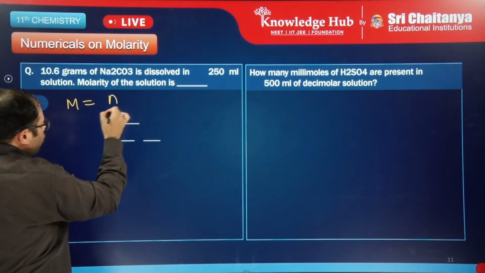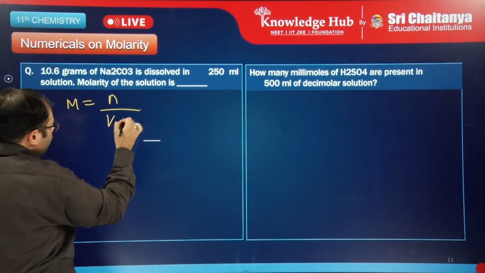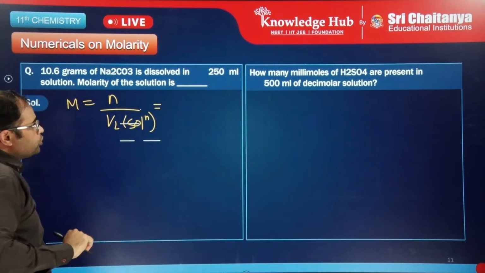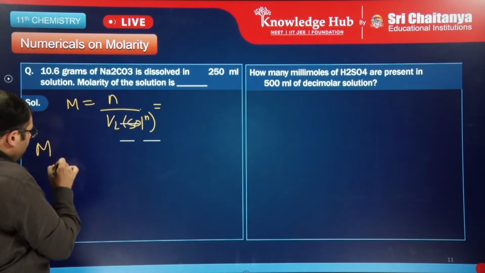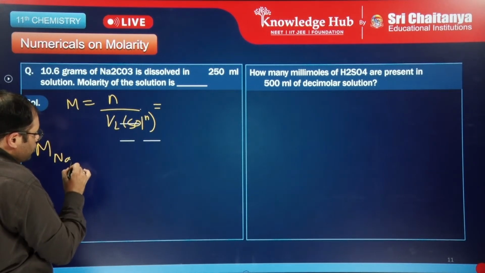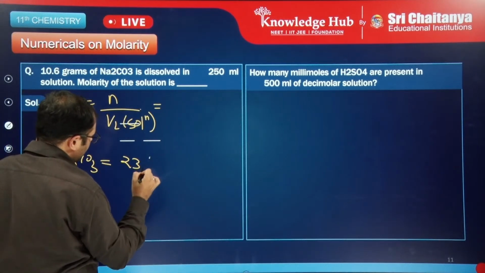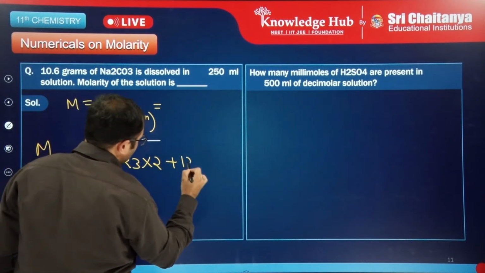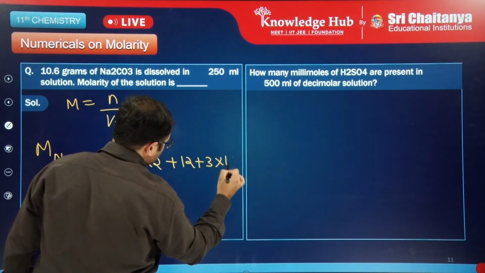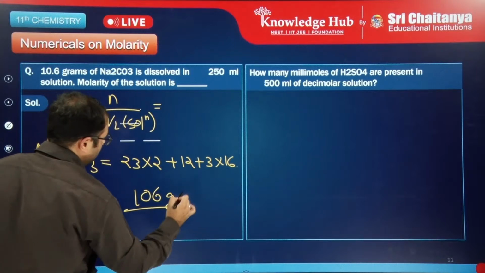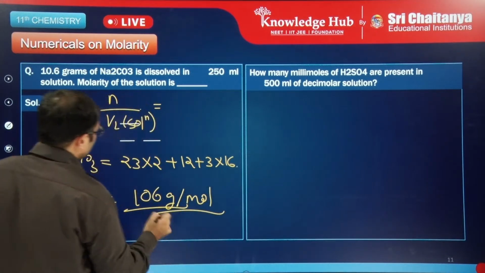Molarity we need, moles we know, and volume of solution we need. What is the moles of Na2CO3? See, if you calculate the molar mass of Na2CO3, sodium is 23 plus 12 plus 3 into 16. This will come out to be around 106 grams per mole, sorry, molar mass unit is per mole.